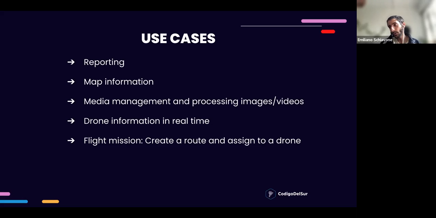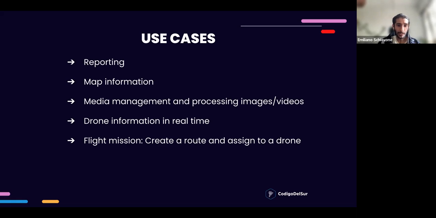We can do a lot of things processing those images. Then we have the drone information in real time. We can know where the drone is in real time, the location, how the battery is, how the sensors are, or if there is some status that is wrong.